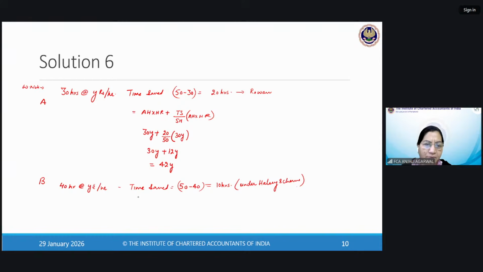So his wages would be actual hours into hourly rate plus 50% of time saved into hourly rate. So he ends up getting 40Y plus how much time is saved? 10. So 50% or 1 by 2 of 10Y. This becomes 45Y.